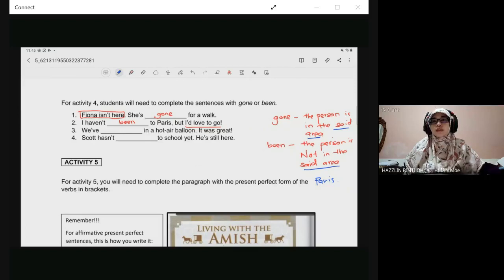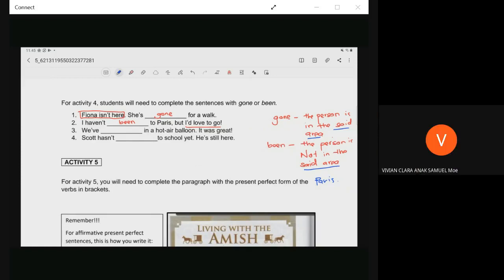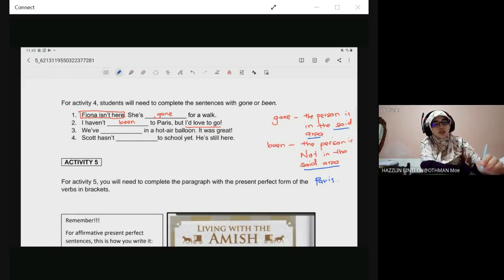Was that you, Vivian? Oh yes, it was. Vivian, what was your answer just now? Not. Okay, so not means been. Yes, correct. The answer is we've been in a hot air balloon. It was great, because the person is not inside the hot air balloon.